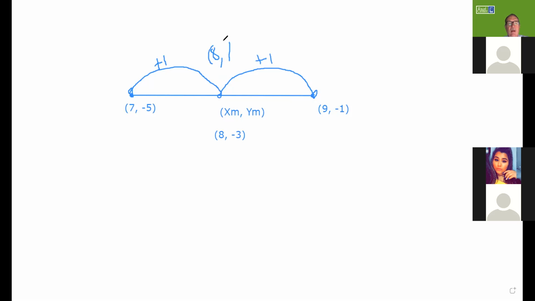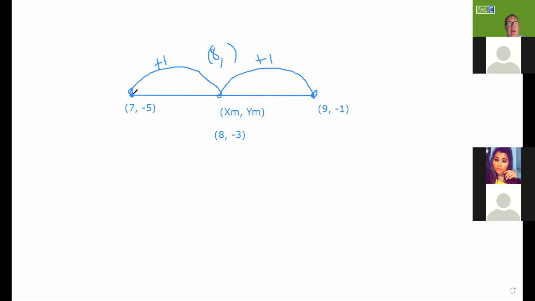If this is just a number line, these are going to be easy to line up. So how far are we going between -5 and -1? That's a distance of 4. We're all in the negative.